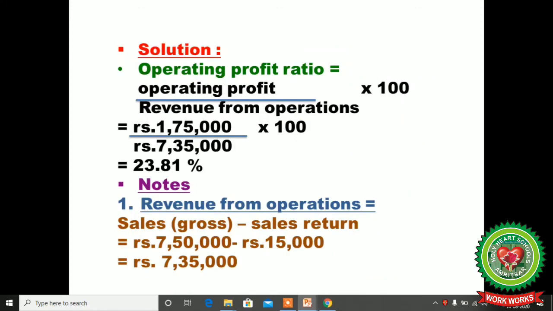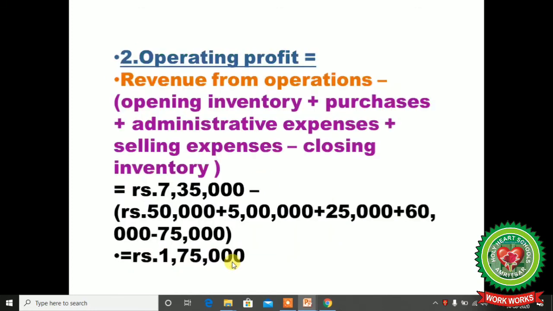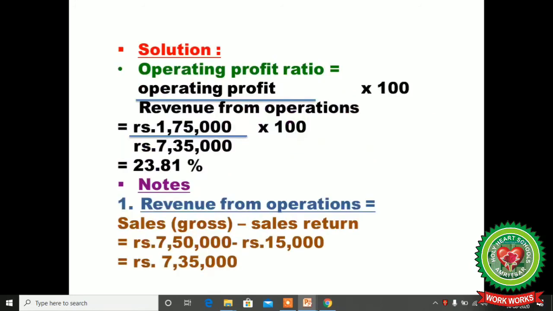For this, according to the formula, you need operating profits. First of all, see how to compute operating profits: revenue from operation minus opening inventory, add purchases, add administrative expenses, add selling expenses, deduct closing stock.